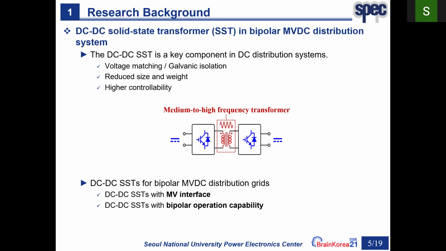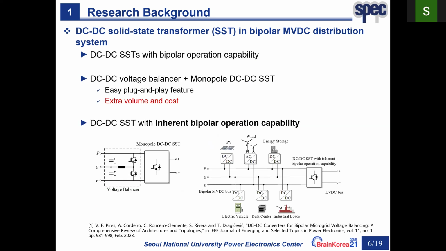For the application of the bipolar DC grids, DC-DC SST should also have the capability to realize bipolar operation and meanwhile to withstand the medium voltage level. To realize the bipolar operation capability of the DC-DC SSTs, 2 approaches can be applied.